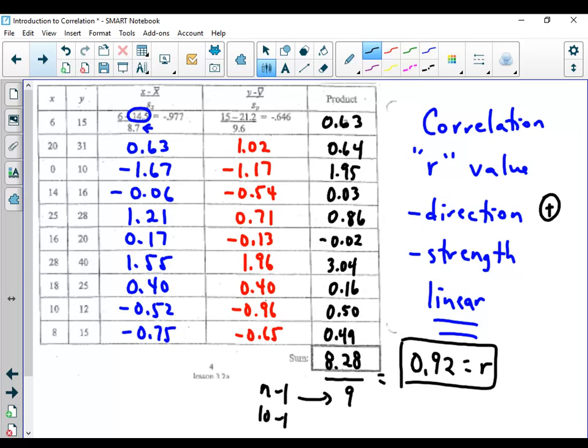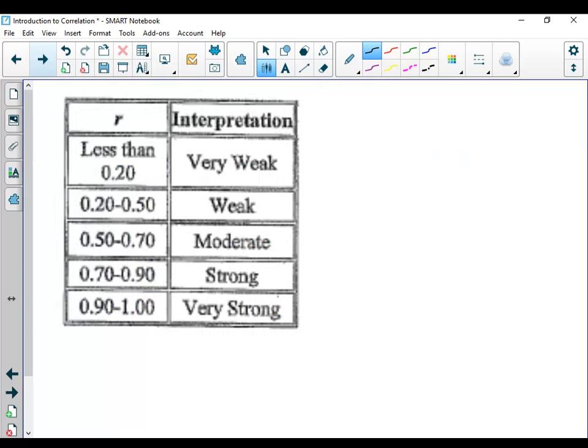The second part is the strength. Well, 0.92, how does that tell me what the strength is? Well, if you look on your next page, I have a table there that's going to help us identify how we're going to label this strength. So notice they're a little more specific than what we've been doing so far. So far we just said, well, it looks weak, it looks strong.